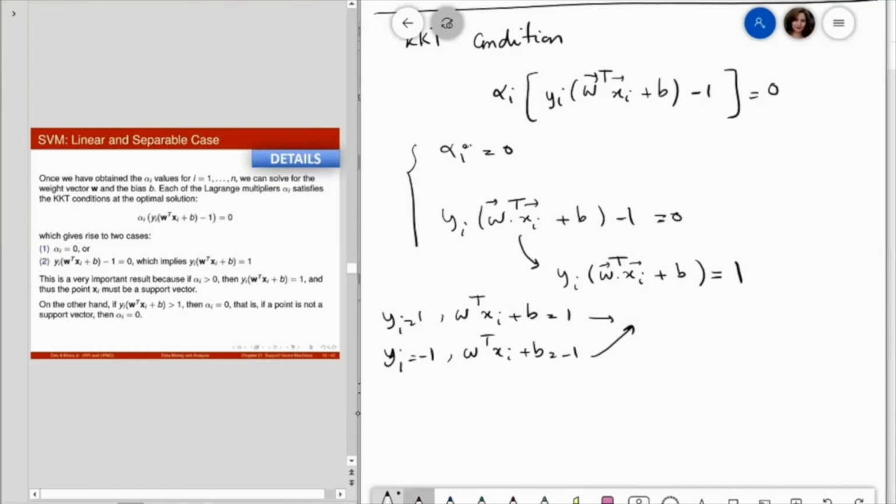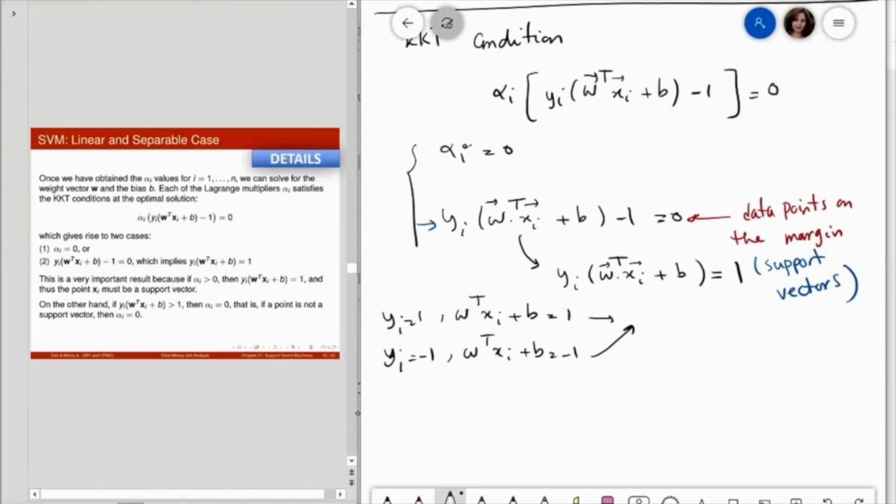So whenever we see this, it means that we are talking about data points on the margin. We had a name for that. What was the name? They were support vectors. So for our support vectors, we are going to have this part of the equation equal to 0.